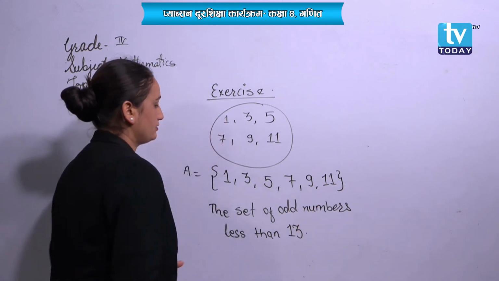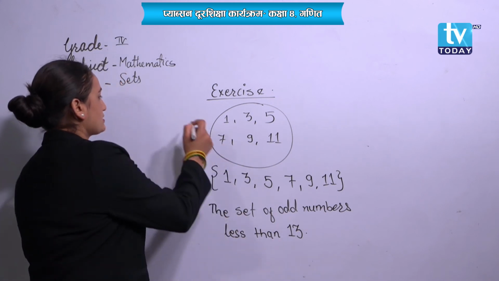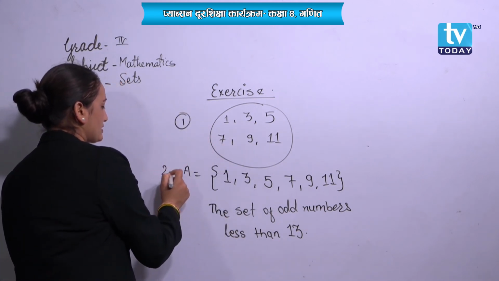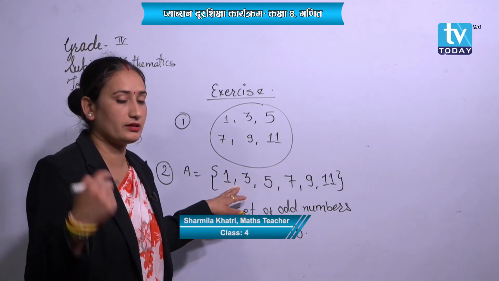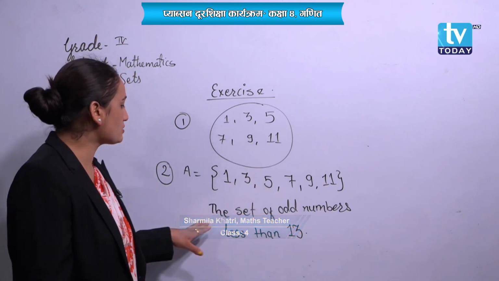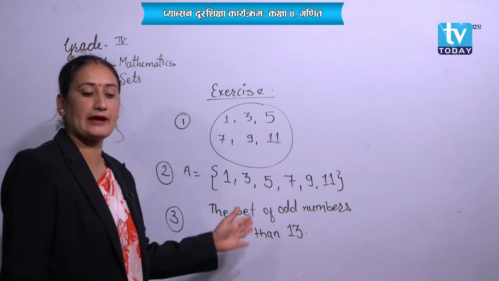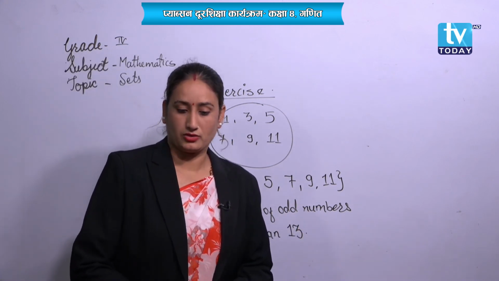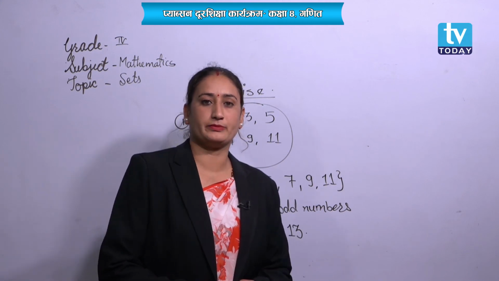Have you written? This is known as the diagrammatic method. This is the first, the diagrammatic method. This is second, we can say it is the listing method. Listen very carefully, okay? It's the listing method and this one is the descriptive method, by describing it. So, another question I will provide to you. Be ready for it.